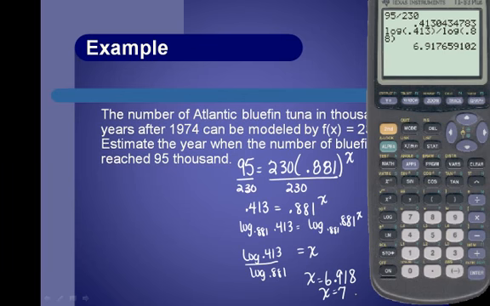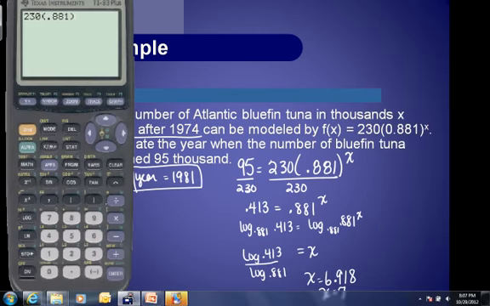So it's 7 years after 1974, which means our year would be 1981. 230 times 0.881 to the power of 7, and we would get about 95,000.